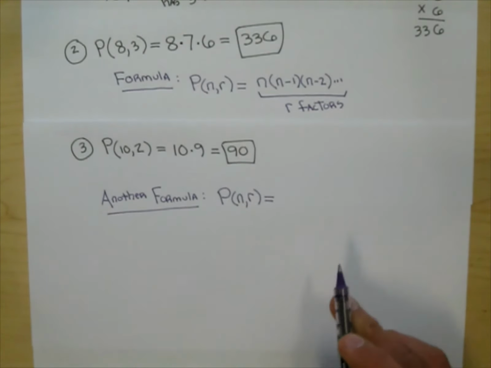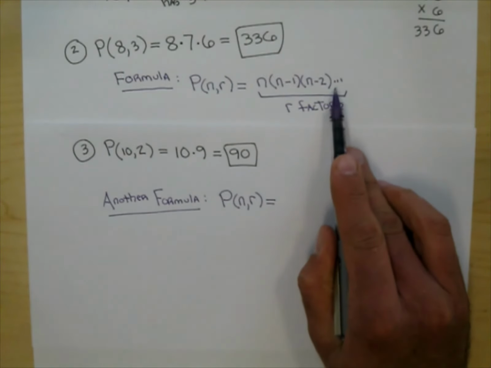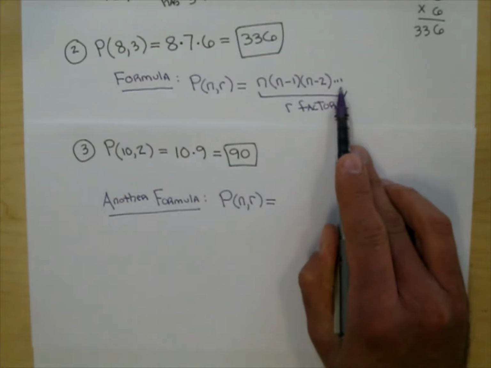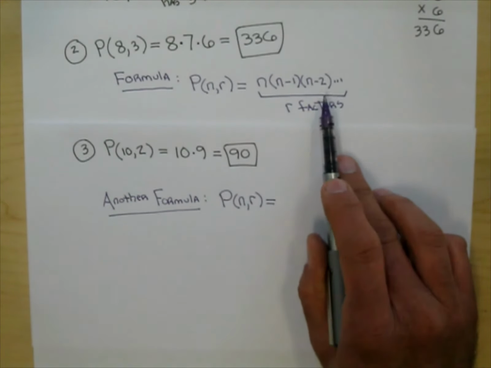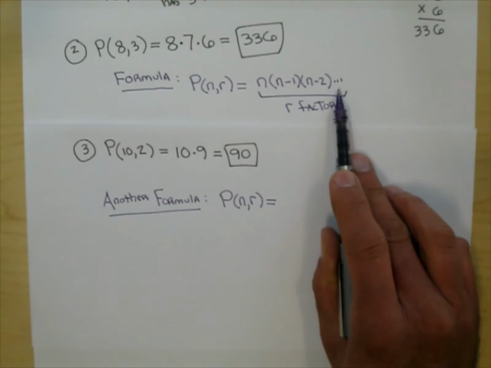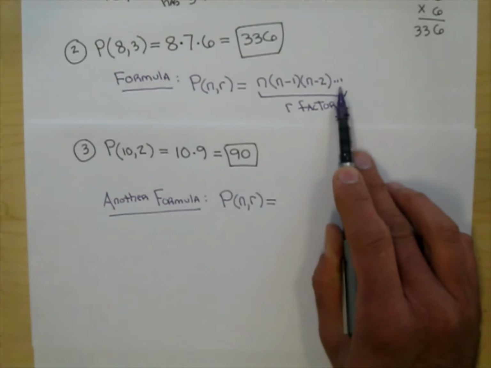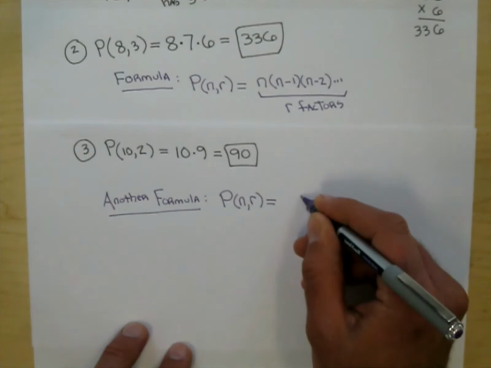Now math people aren't too crazy about formulas that have dots in them. So that may have upset some of you people. I'm not trying to insult you, but that may have upset some of you that there was a dot there. And so what math people try to do is they try to get a closed formula, one that does not have dots. That just looks so unprofessional. So what does that formula look like? I'll show you.